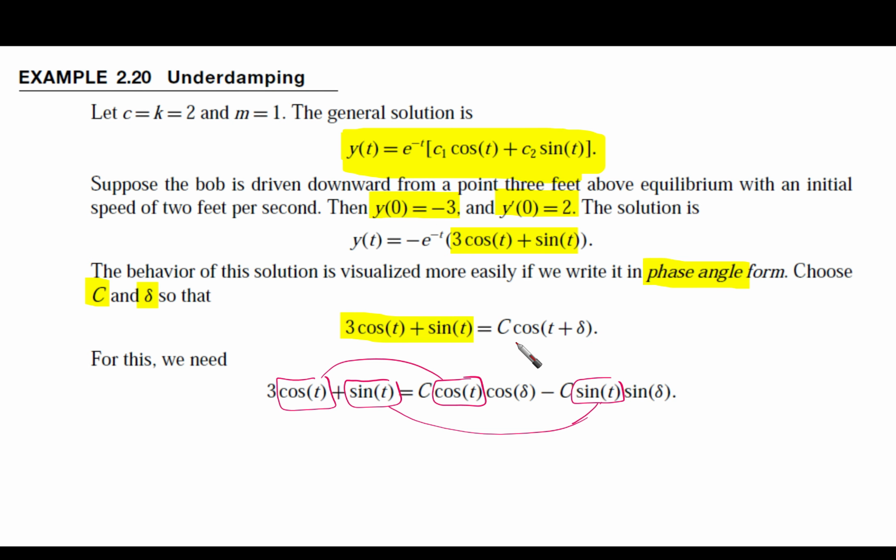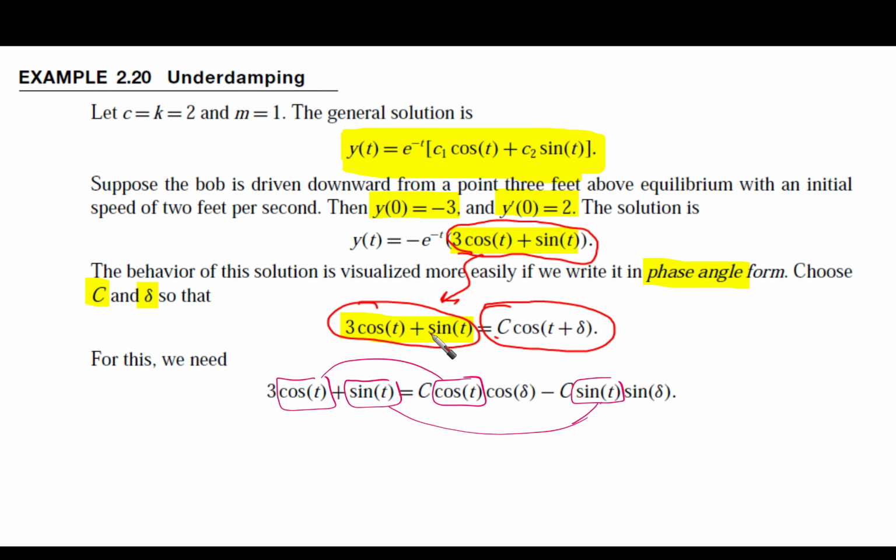In this case we are going to assume that this term, between the parentheses, we want to change it to this form. We didn't do anything, we are just rephrasing the equation.